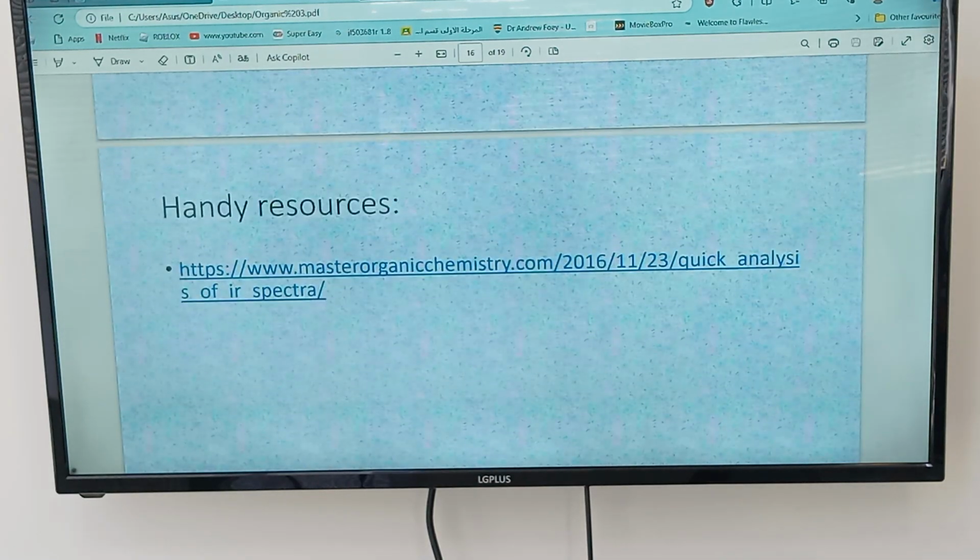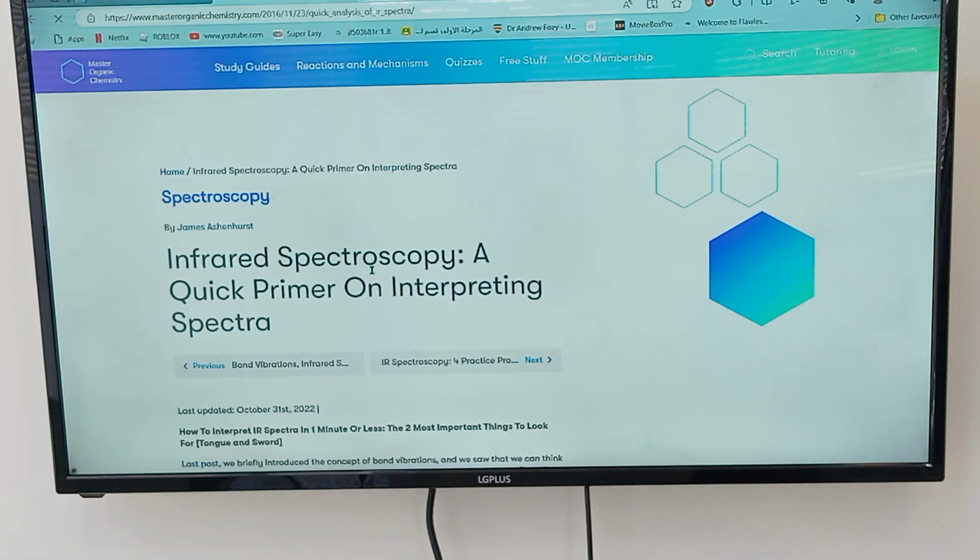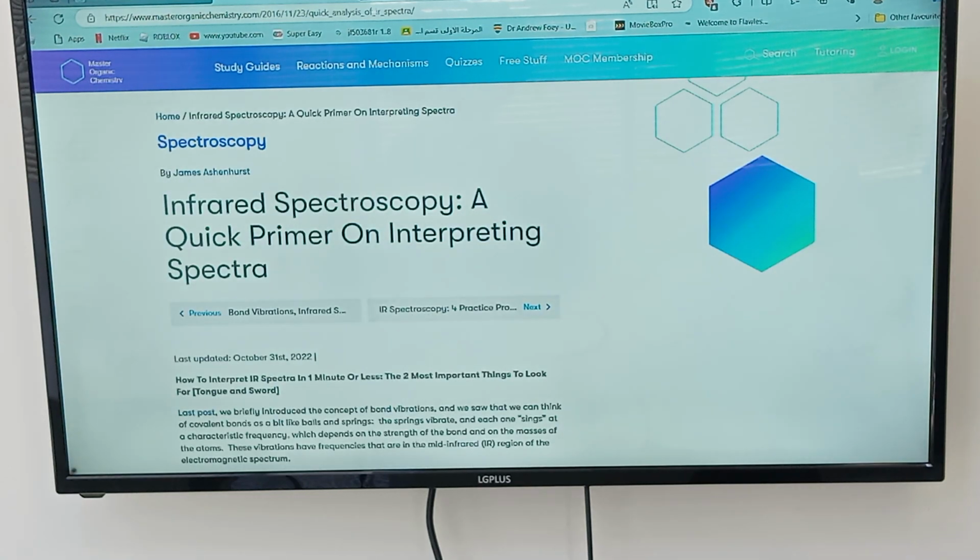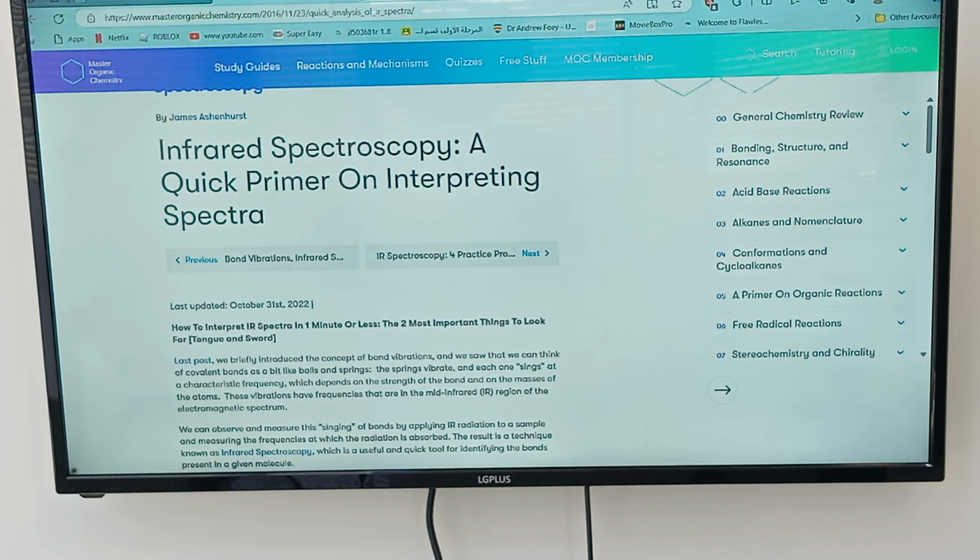Handy resources we can find or we can read here. Infrared spectroscopy, a quick primer on interpreting spectra. How to interpret infrared spectra in 1 minute or less?